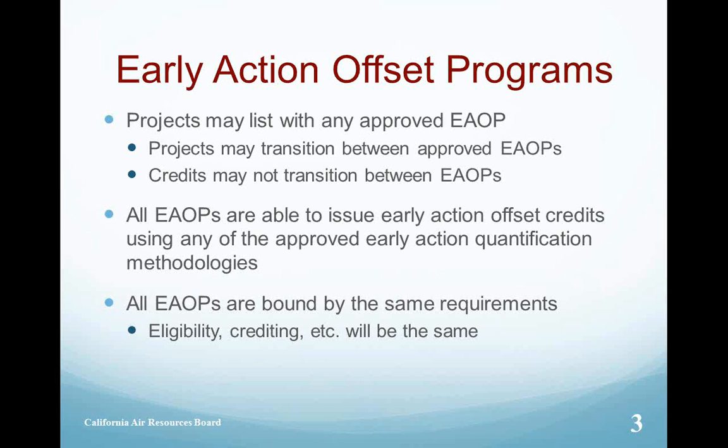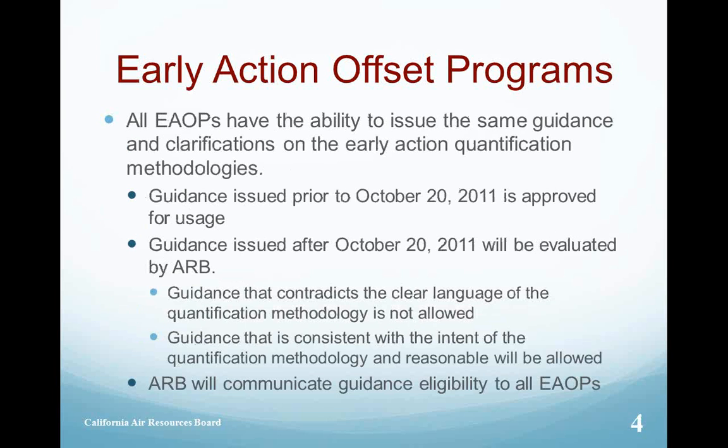All early action offset programs are able to issue early action offset credits using any of the approved early action quantification methodologies, and all early action offset programs are bound by the same requirements as far as eligibility, crediting, issuing guidance, etc. All early action offset programs have the ability to issue the same guidance and clarifications on the early action quantification methodologies.